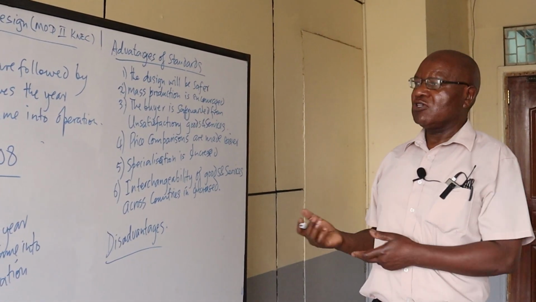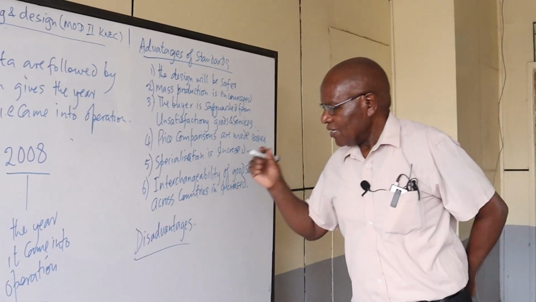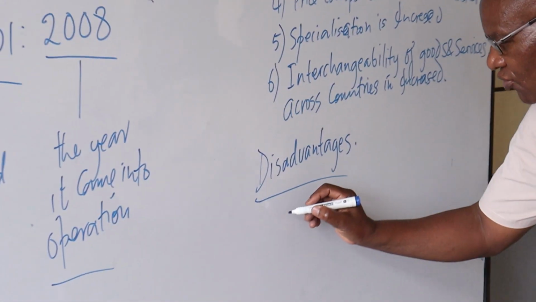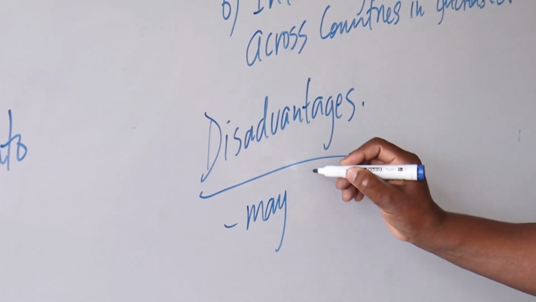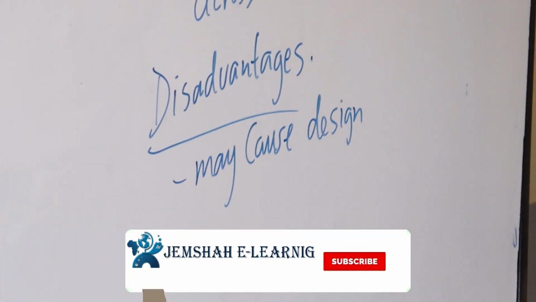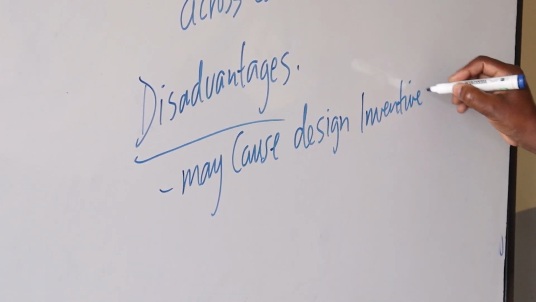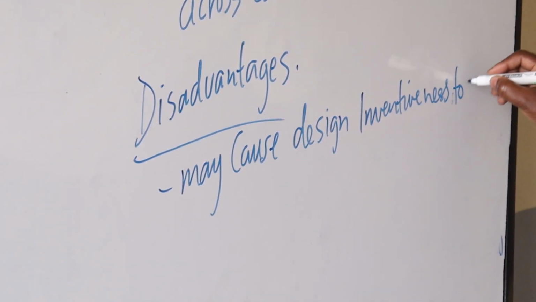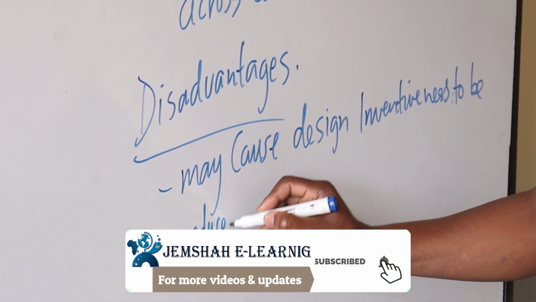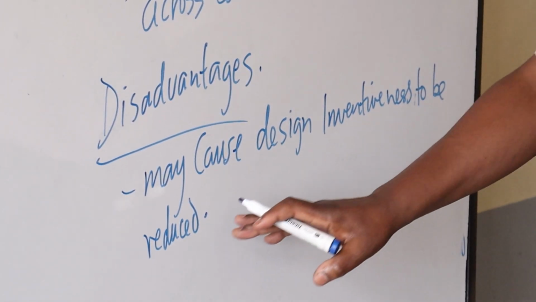Now, the freewheeling mind we talked about, the design process, can tend to be kind of diminished, which is to say they may cause design inventiveness, that creativeness, to be reduced.